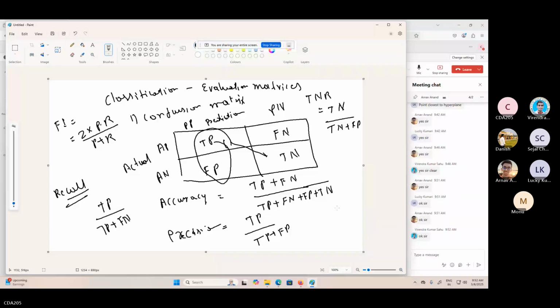Just go through all the slides which are already uploaded in the drive.